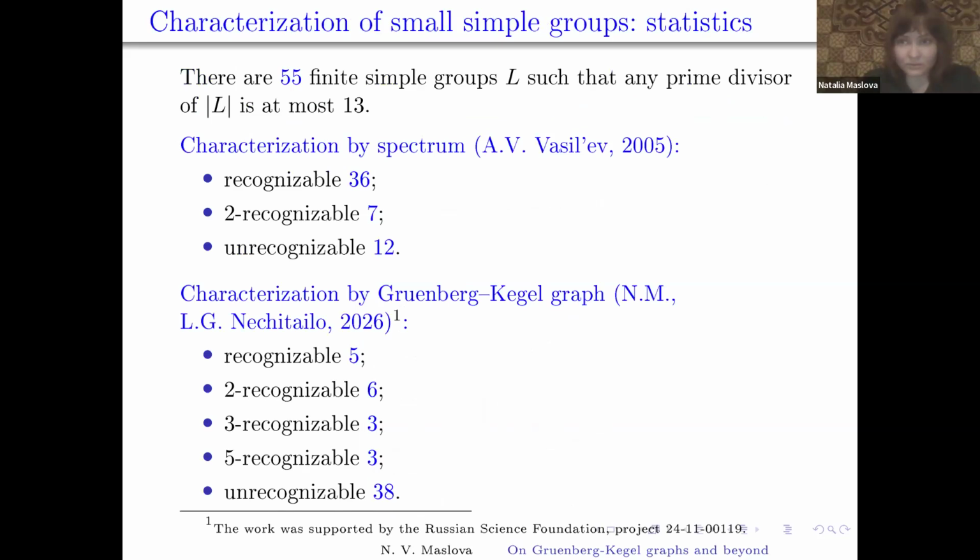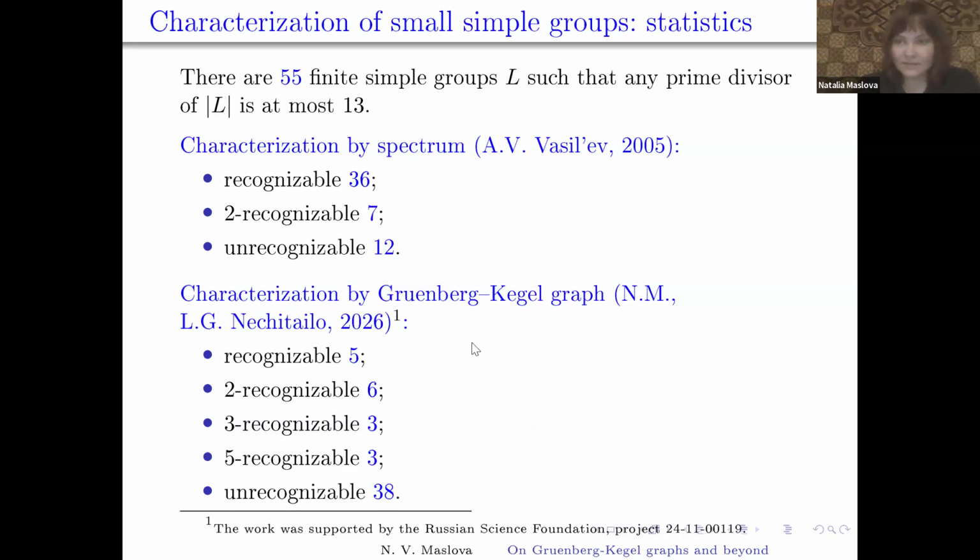In contrast to this, about small groups: if you take simple groups such that their order is divisible only by small primes, at most 13, then there are exactly 55 such groups. And if you consider recognition by spectrum, then most of them are recognizable.